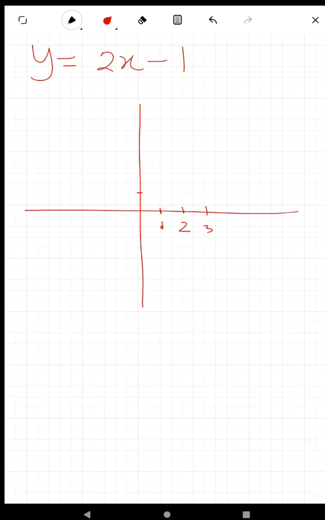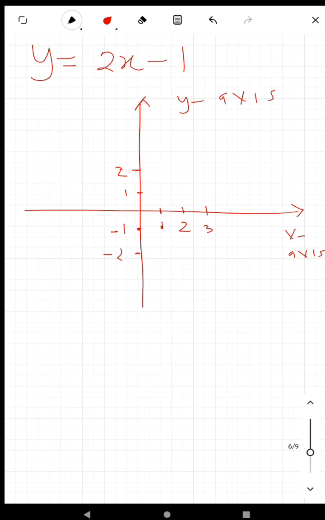And going on the negative side, we say this is minus 1, and here we say minus 2. So this is your x-axis. This is your y-axis.